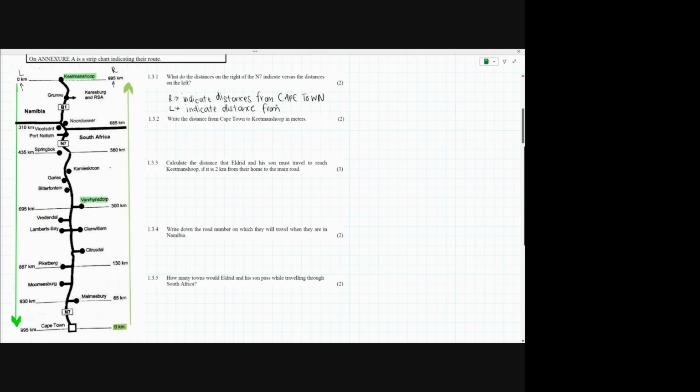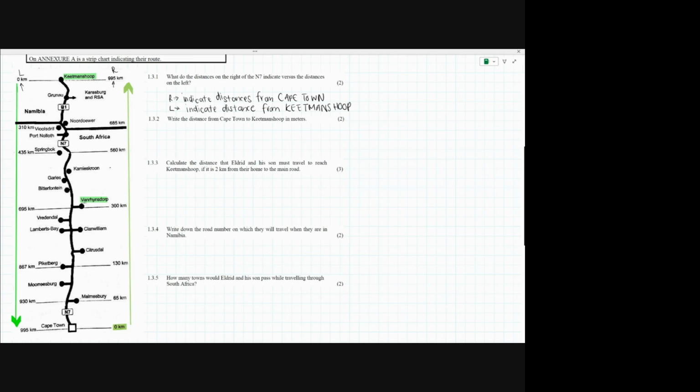Because these are our starting and end points, it is nice to use them where possible. Exactly, they are our distances from a certain place to another. And that's why a strip map is quite useful, because you can read it in two different directions.